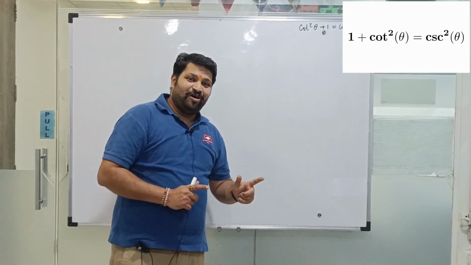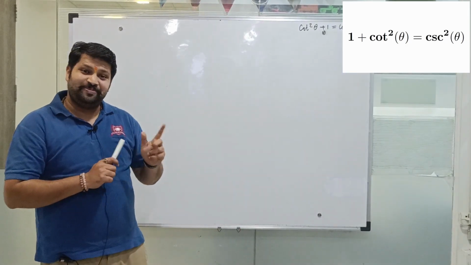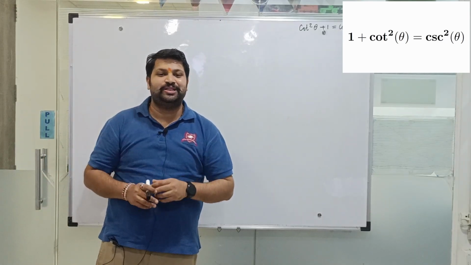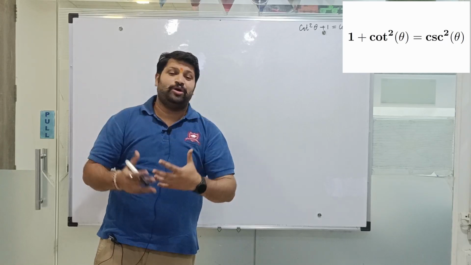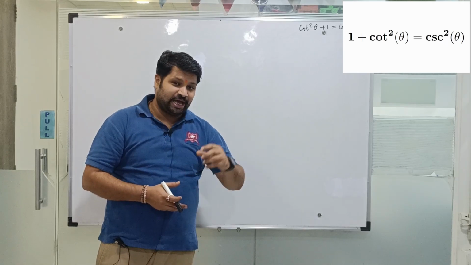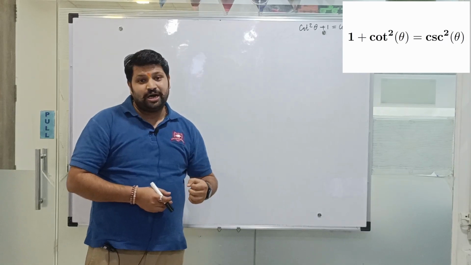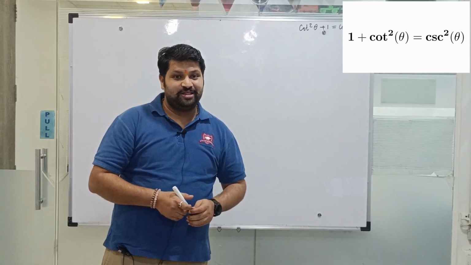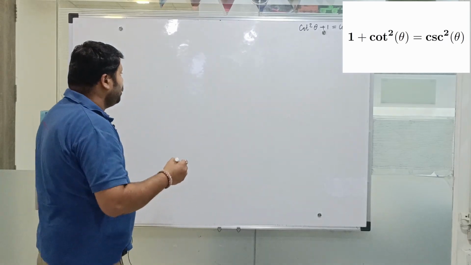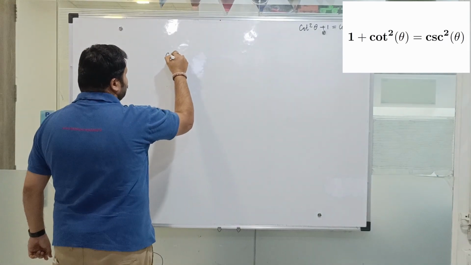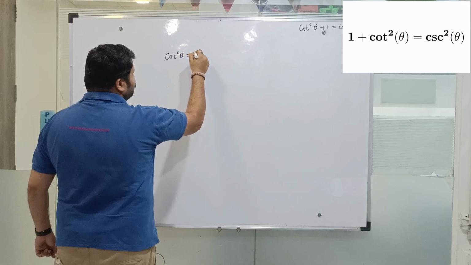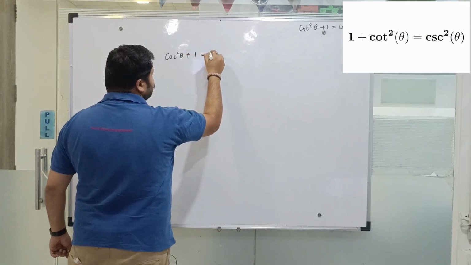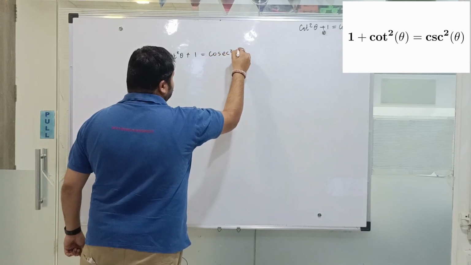Now, just like the previous videos and the previous identities, let us go ahead and manipulate this identity in such a way that we can see in what all forms we can see it, and it would be easier for us to utilize these forms when we are solving the examples. So we have cot square theta plus 1 is equal to cosec square theta.